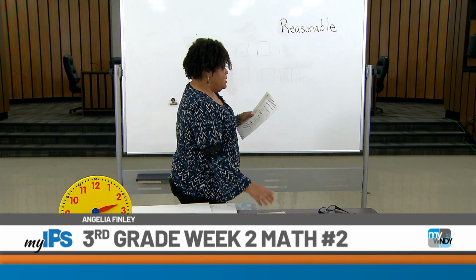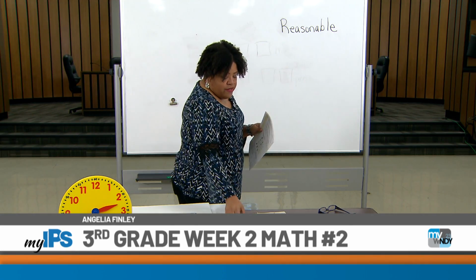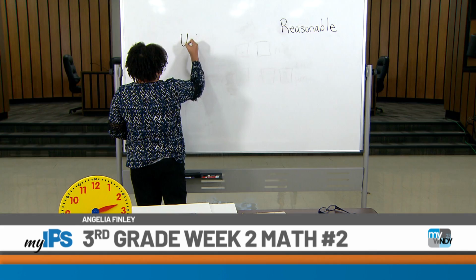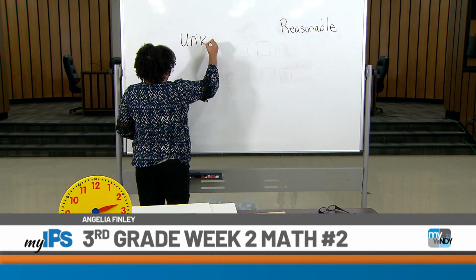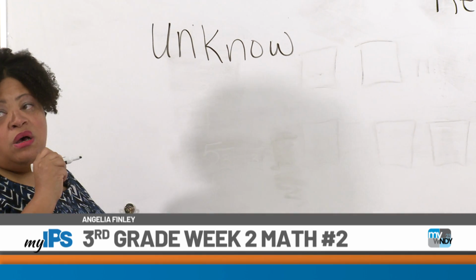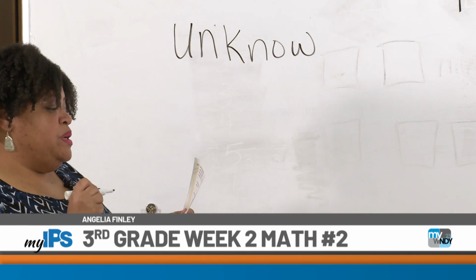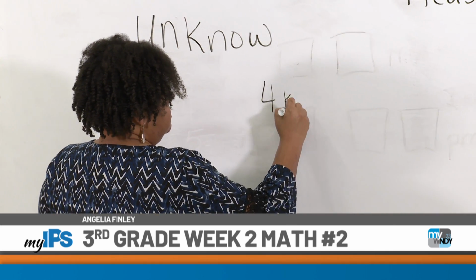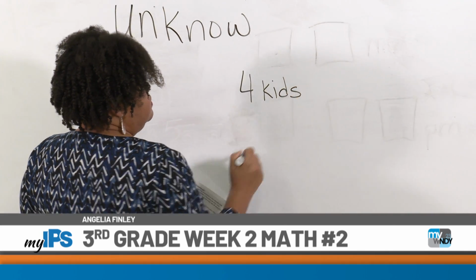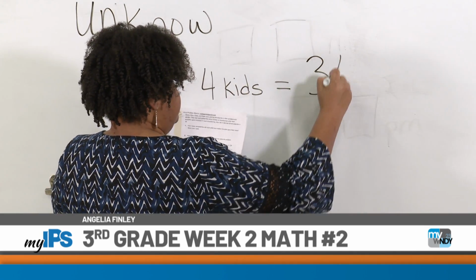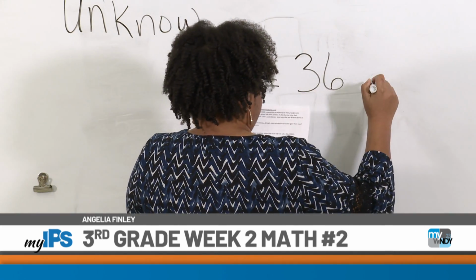Okay, so we know what we're talking about is strawberries. If there's an unknown variable, there's a part of this equation that we don't know. We know that the 4 kids equaled a total of 36 strawberries.